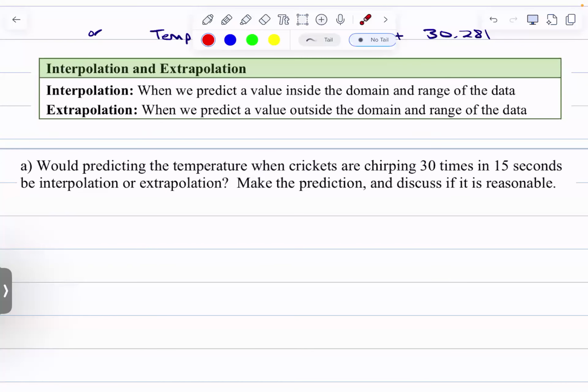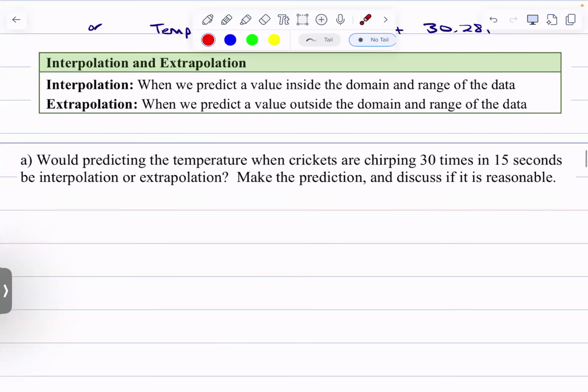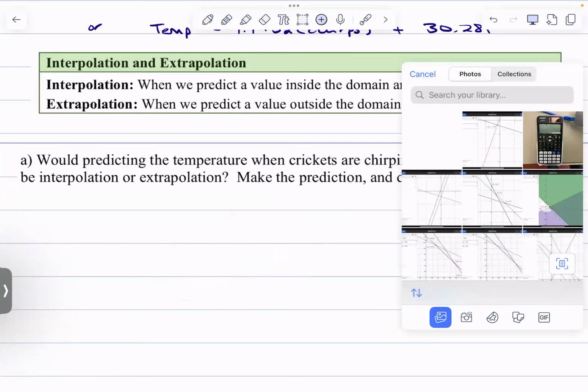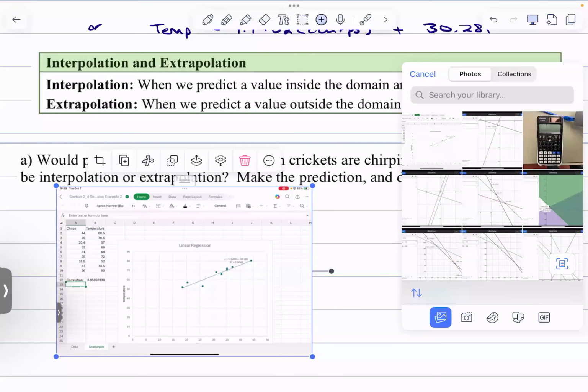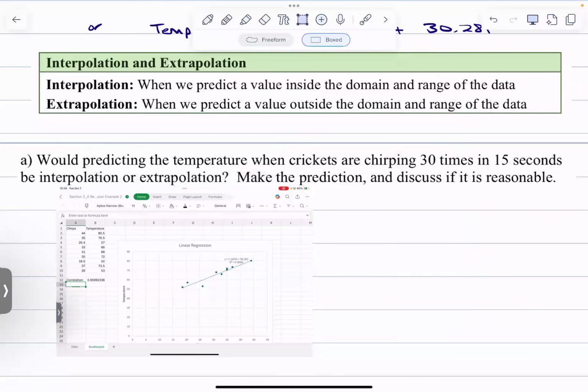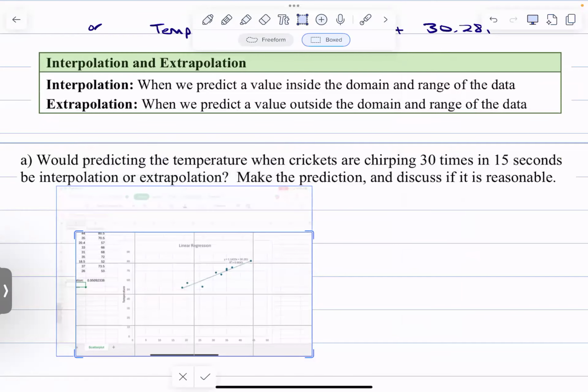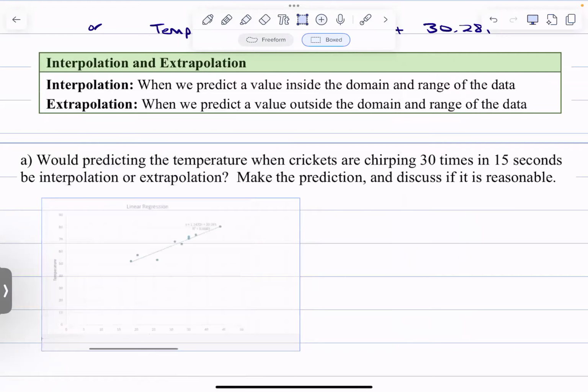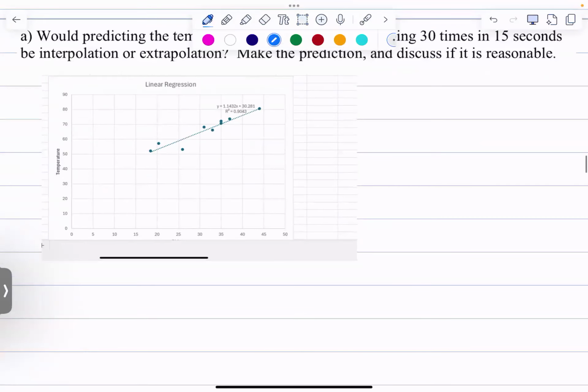We're going to make the prediction and discuss if it is reasonable. I'll bring in a fresh copy of our graph and crop this up here. We've got our chirps down here.